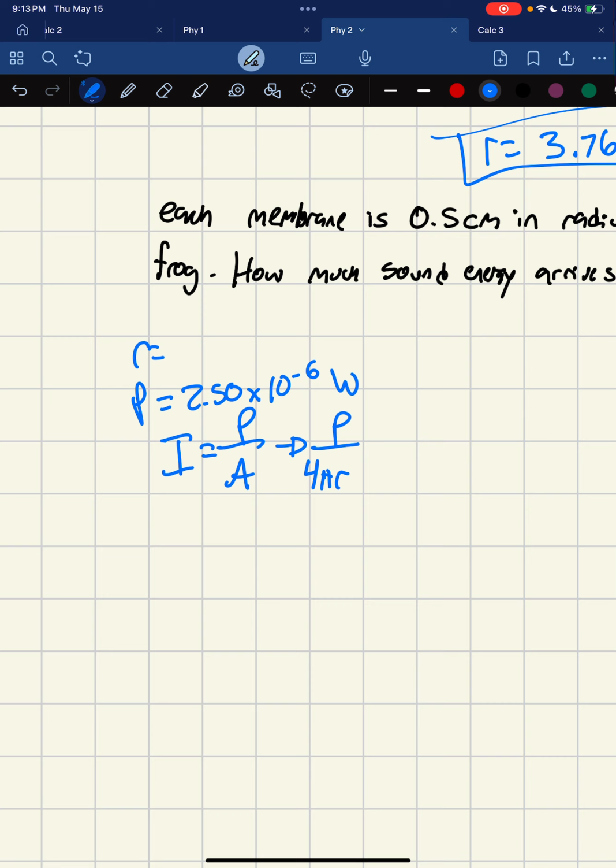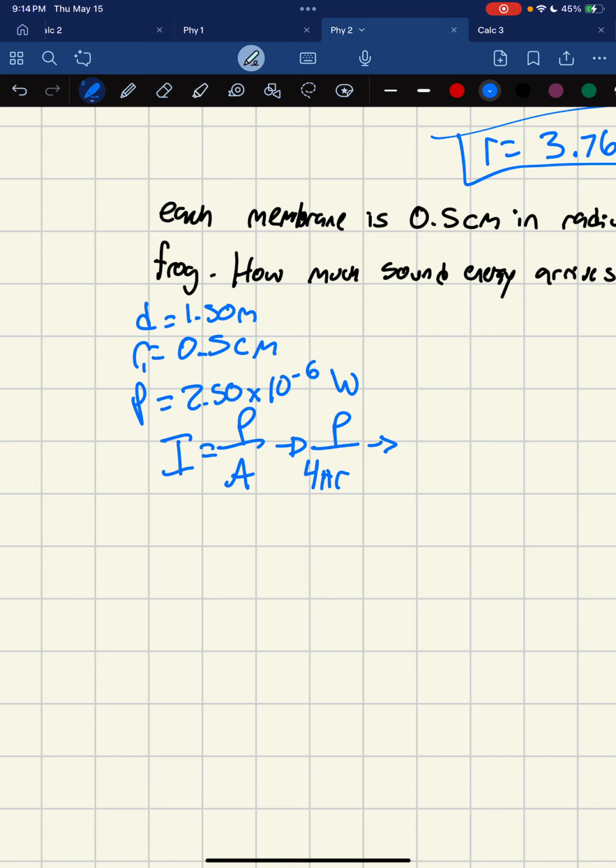Located 1.5 meters from the frog. So I'm going to use 0.5 centimeters. This is my first radius and my second radius. The distance from the frog is 1.5 meters.